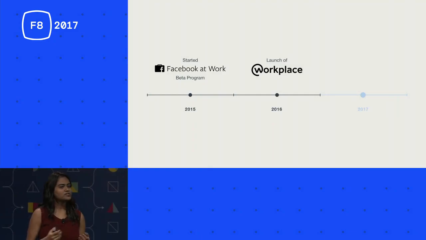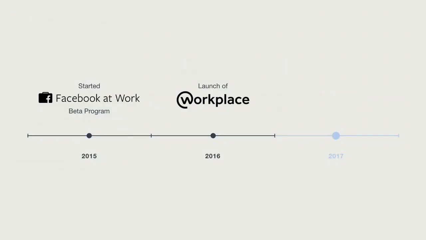At Facebook, we've been using Workplace for quite some time internally. We use groups, chat, events, etc. for internal communications. We all know that people spend a big part of their day at work. So we decided that we should share this powerful tool with other companies so they can stay connected via Workplace. So we started a beta program with a few companies in 2015, which we called Facebook at Work.